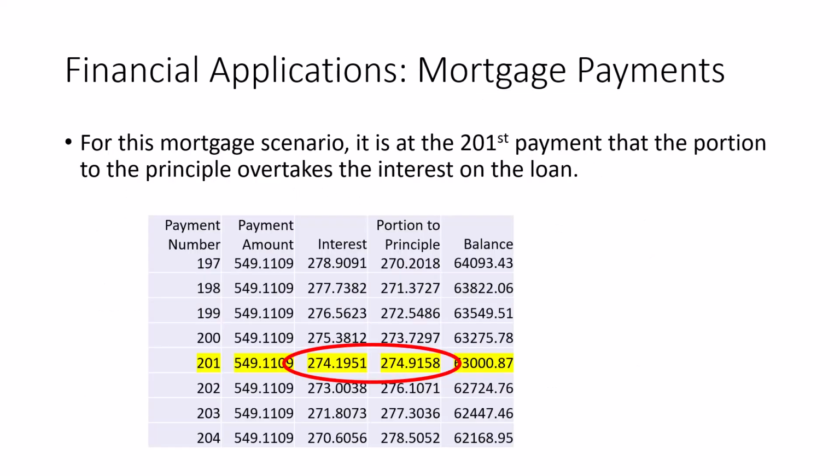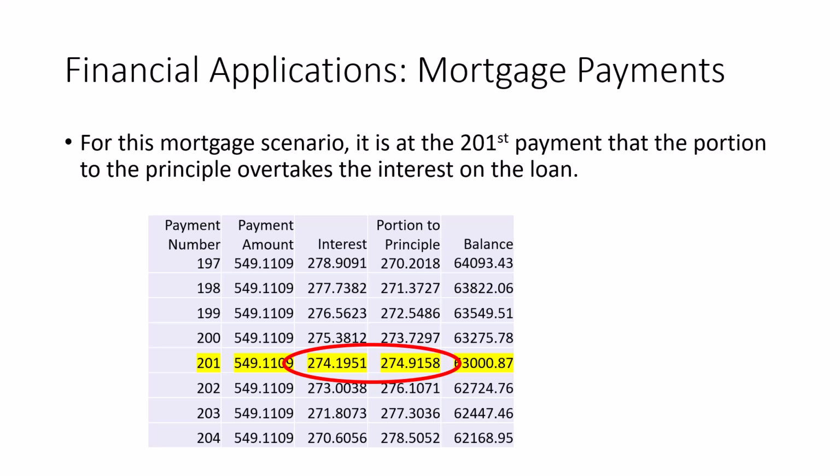So for this mortgage scenario, it is actually at the 201st payment that the portion of the principal overtakes the interest on the loan, and that's shown here in the chart. So the amount of interest I pay on the 201st payment is $274 and about 20 cents. The portion of the principal is actually $274 and about 92 cents.